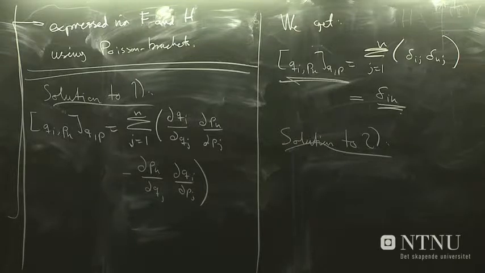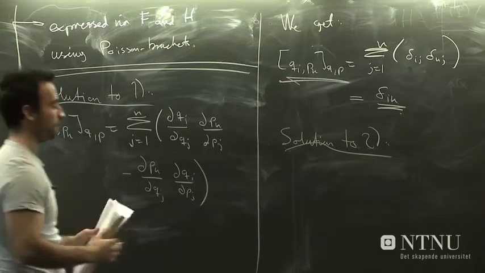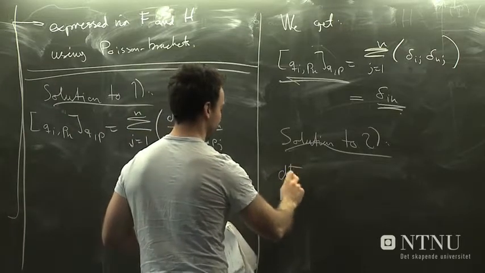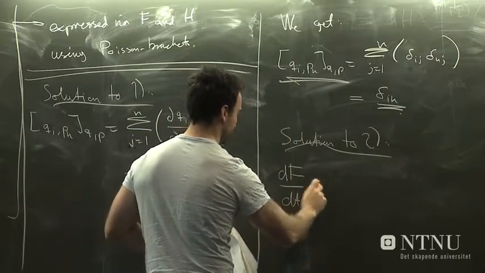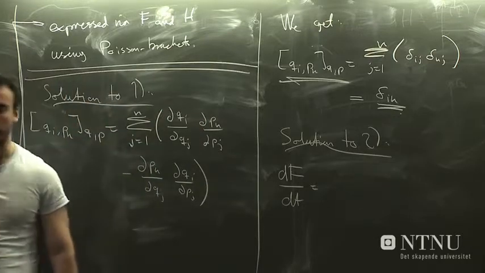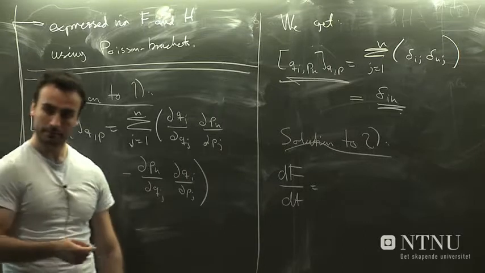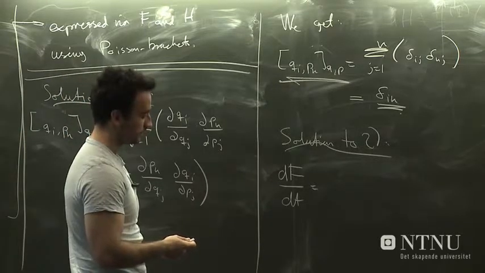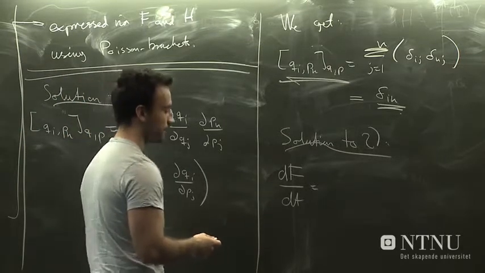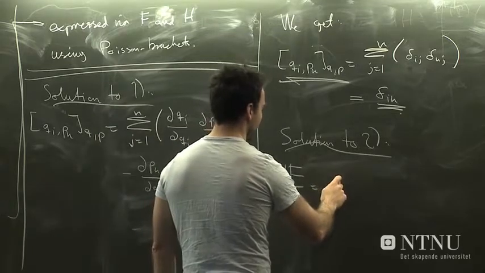Let's have a look at the second one. Find an expression for the total time derivative of f expressed in terms of f and H by using Poisson brackets. So how did you start? First, expand the total derivative in terms of the partial derivatives.